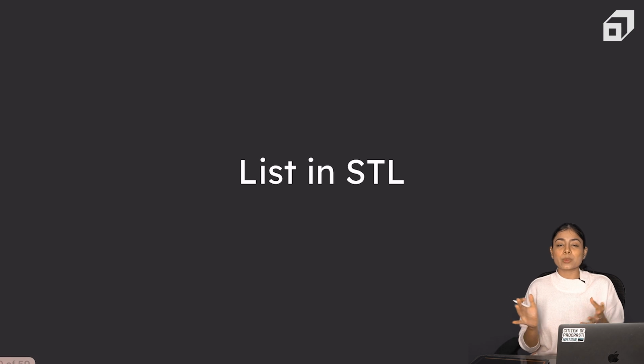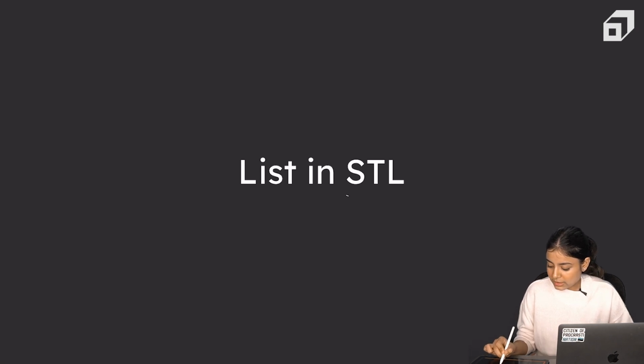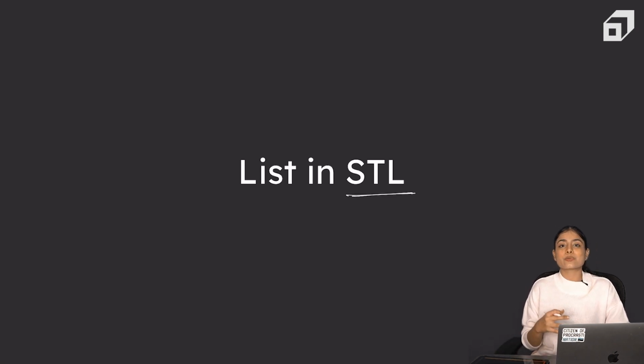Moving forward, we will be looking at lists in STL C++. So what is STL here? STL stands for Standard Template Library. It is a library of template classes in C++ which has implementation of the commonly used data structures and algorithms.